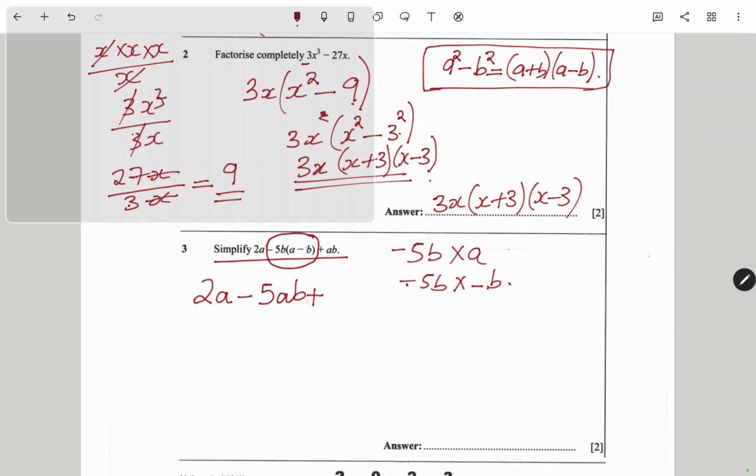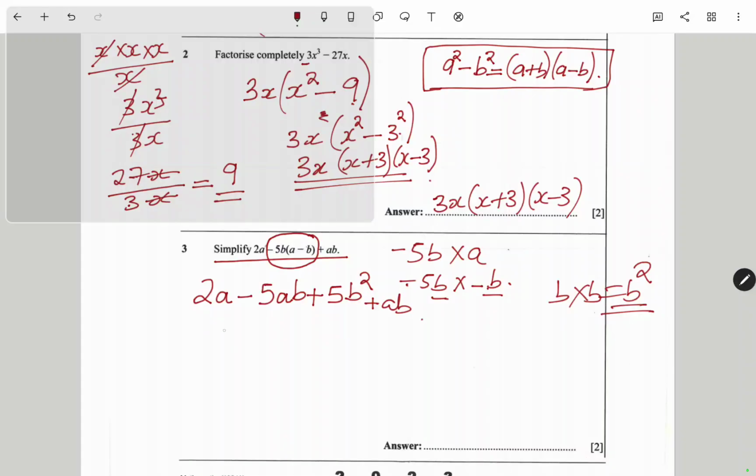Then, after doing that, you know that b and b, when they are multiplied here, it will give us b to the power 2. Since there will be two b's, b times b is equal to b to the power 2. So this will be 5b squared plus ab.